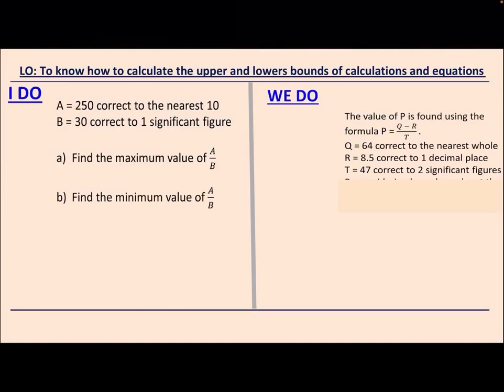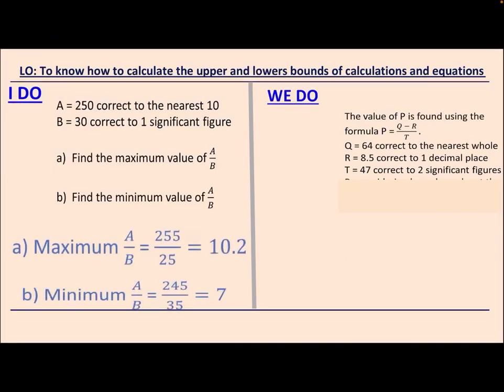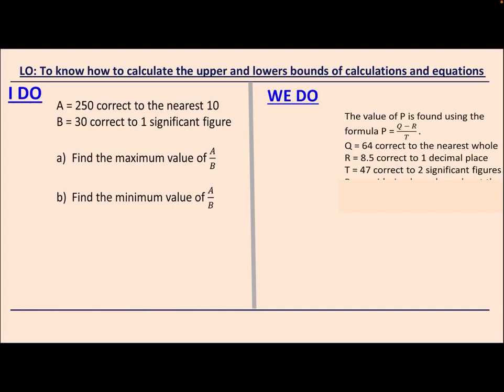First things first, we're going to have to find the upper bound for A. The upper bound for A is going to be 255, and the lower bound for A is going to equal 245.